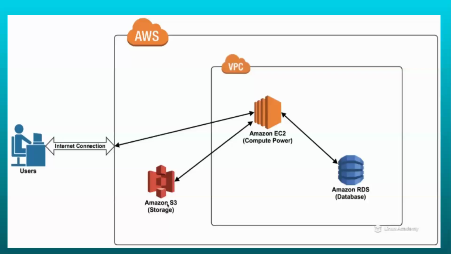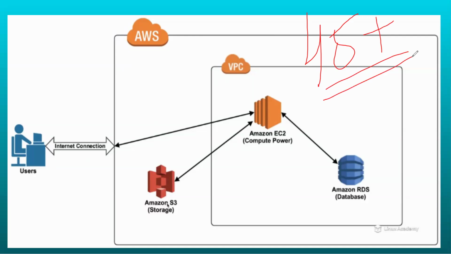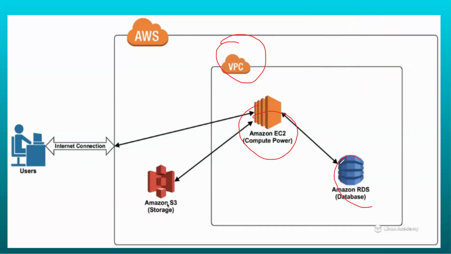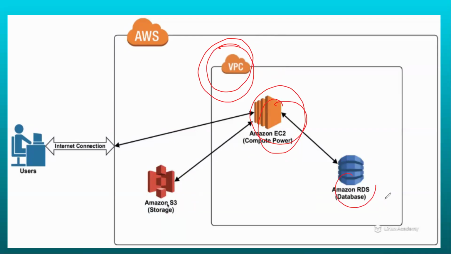In Amazon Web Services, we are going to learn more than 45 services. We divide these services into four modules: VPC module, EC2 module, RDS module, S3 module. First, what is a VPC?